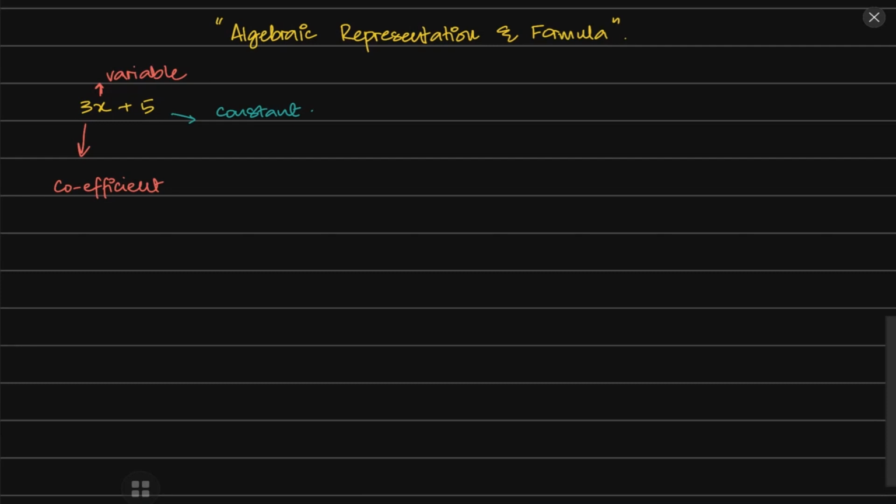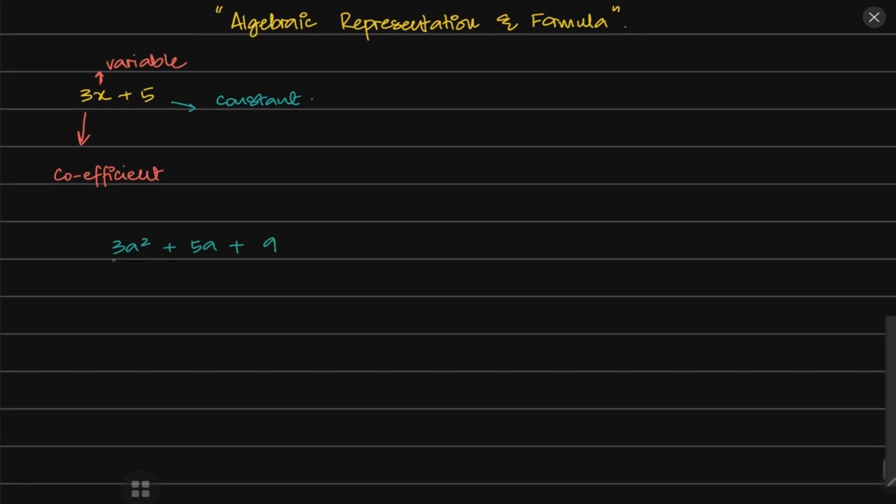Now, let's suppose I write this down like this: 3a squared plus 5a plus 9. If I write this down individually, we need to understand that these are terms.